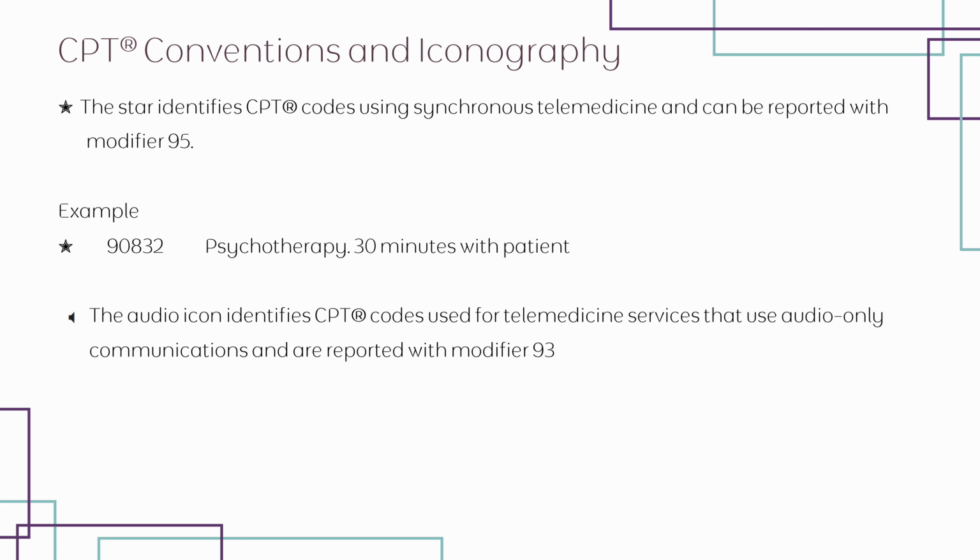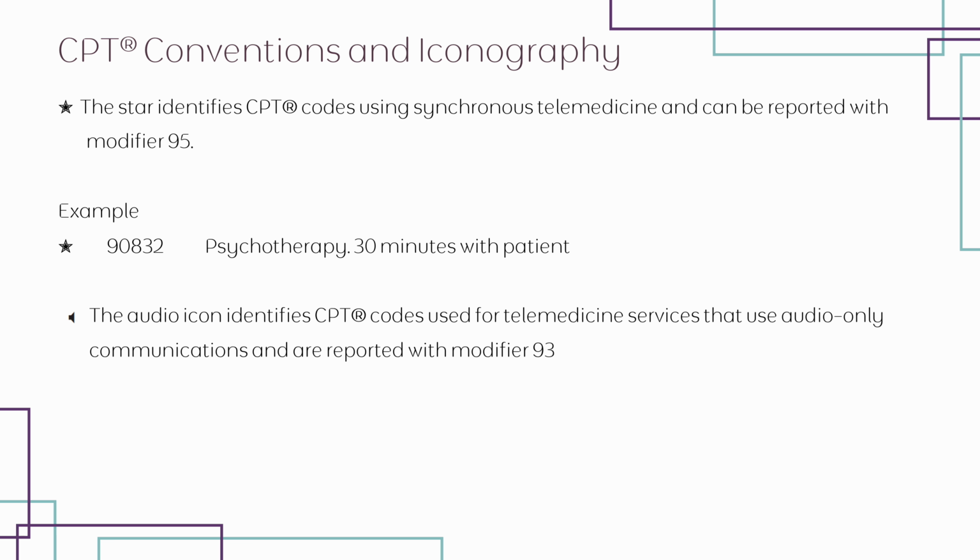Synchronous telemedicine will refer to real-time, interactive communication between the provider and the patient, typically using both audio and video technology. When reporting these services, coders are instructed to use modifier 95 in addition to the procedure code. Modifier 95 indicates that the service was provided through synchronous telemedicine.